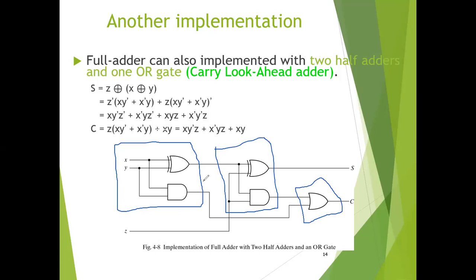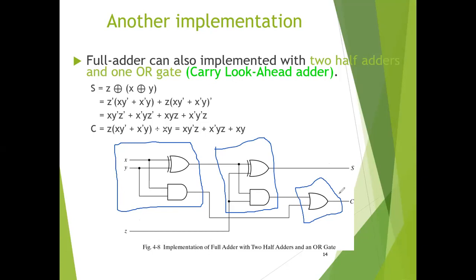The sum bit of the first half adder goes to the input of the second half adder, and the third bit is added as the second input of the second half adder, and from that half adder we obtain the sum bit. The carry bit is obtained by ORing the carry bit of the first half adder with the carry bit of the second half adder.